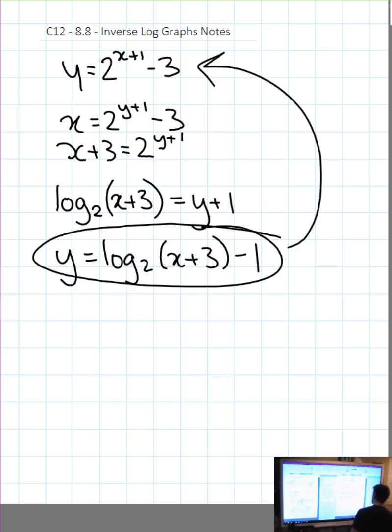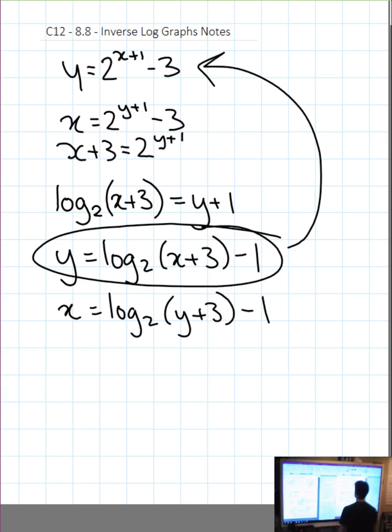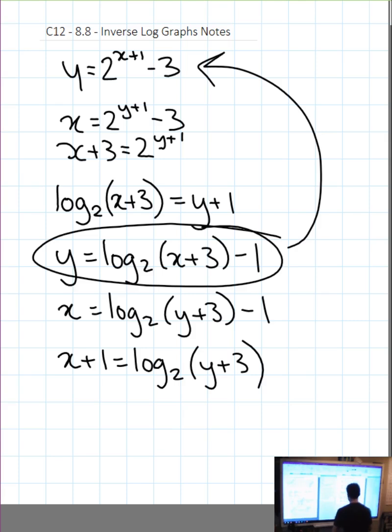Now let's make sure we can go back in the other direction. So I'm going to switch x and y. Then I'm going to add 1 to both sides. Then I'm going to change to exponential form. The base to the other side equals the thing that I'm logging.